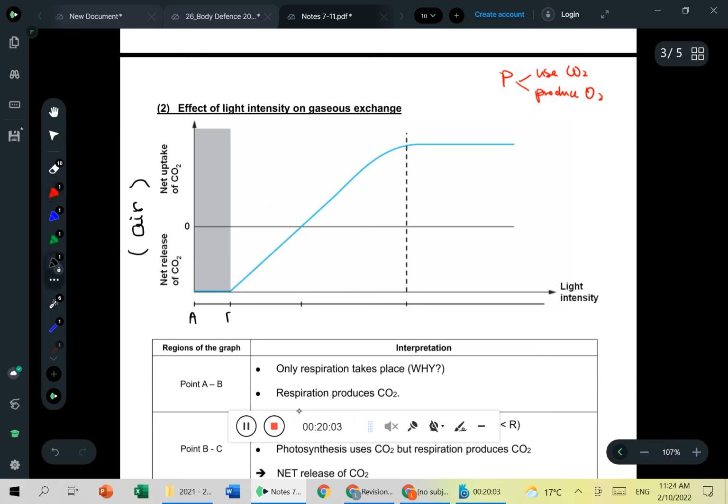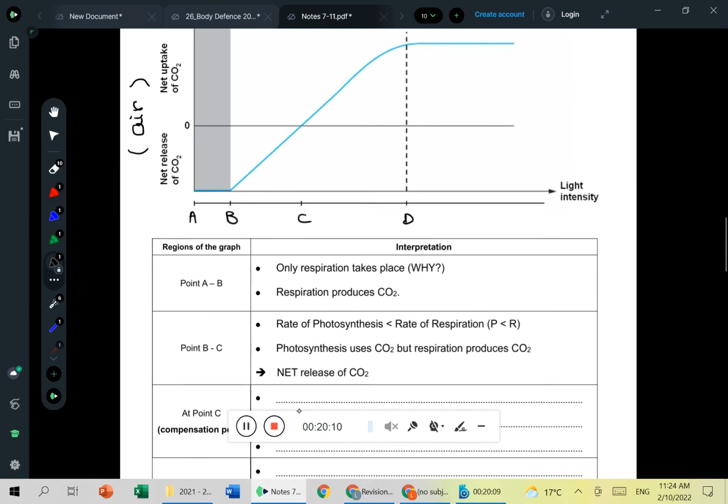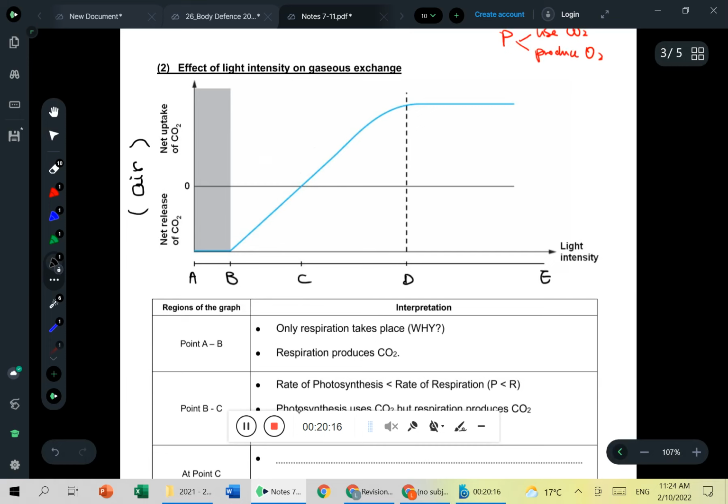By putting in A, B, C, D, and E here. AB represents complete darkness here. So let's imagine this part, I didn't increase the light intensity, but let's say this is complete darkness for this section.